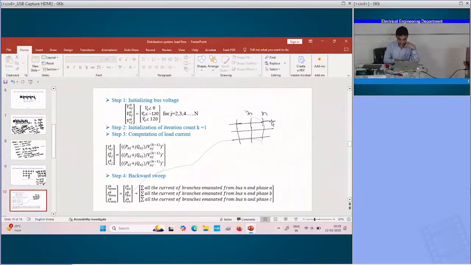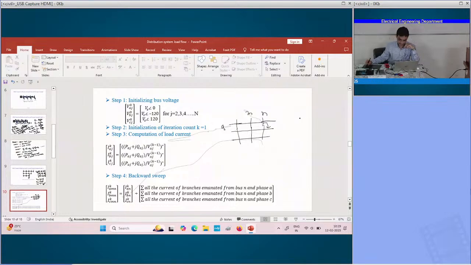For phase A, if I consider this as a phase, the current is whatever load is connected at the nth node, plus how much current is flowing from beyond this point.